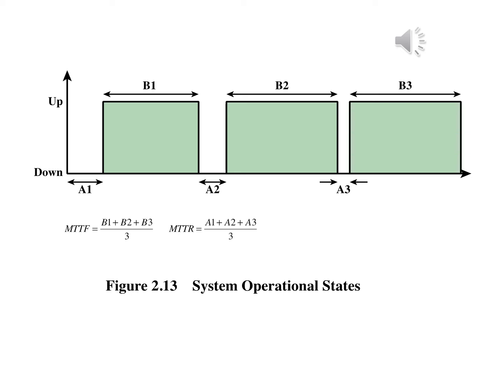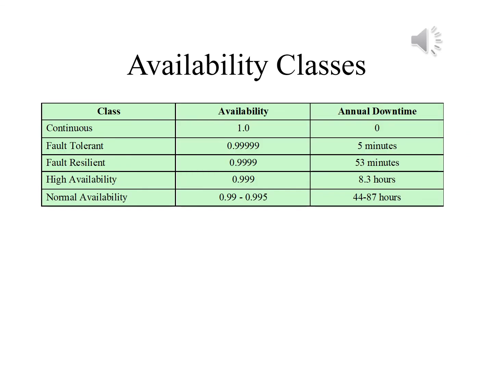If we add the time periods B1, B2, and B3, we will find the mean lifetime between failures. Availability is the mean lifetime between failures divided by the sum of mean lifetime between failures and the mean time to repair. The table in the slide shows commonly identified availability levels and corresponding annual downtime.